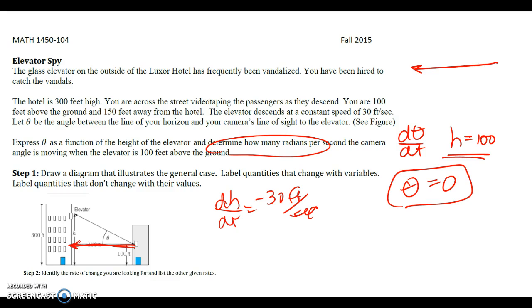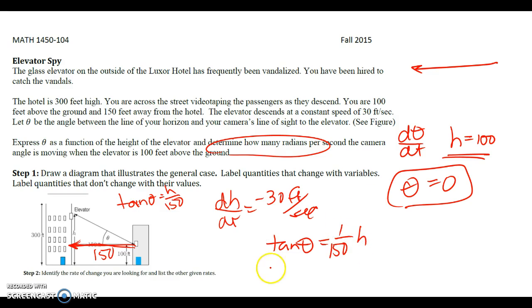Let's figure out our equation. Tan of theta this time, if I look at here, h, and this is 150. So tan of theta equals h over 150, or 1 over 150 times h.